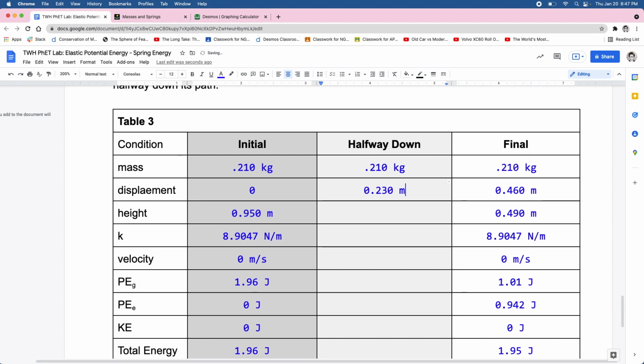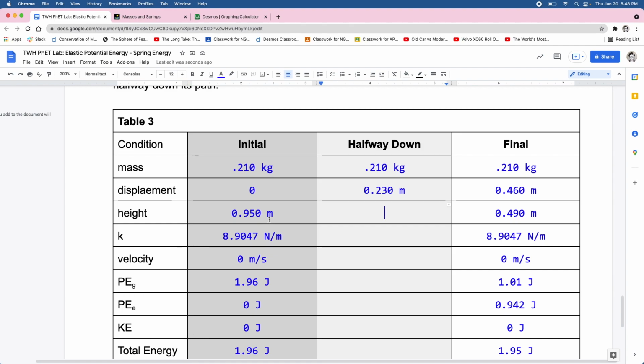Okay. I know that the height is going to be between 0.950 and 0.490. Or I can subtract the displacement from the initial height. Either way, if you find the middle between 0.490 and 0.950, or if you subtract 0.230 from 0.950, you're going to find the midpoint. Okay, 0.720.